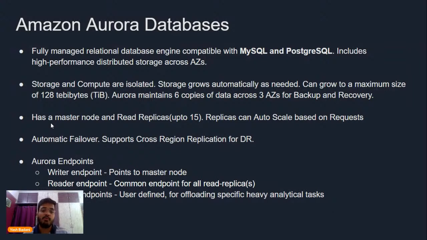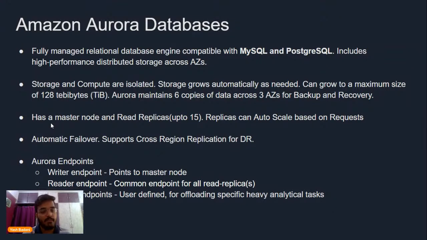You can have up to 15 read replicas as against the 5 read replicas that RDS was supporting. Amazon Aurora gives you 15 read replicas, and an option to also auto scale those read replicas, right? And auto scaling will happen within your availability zones.